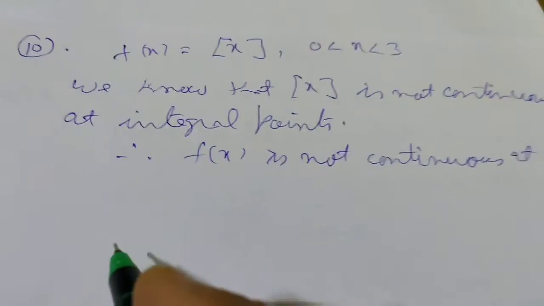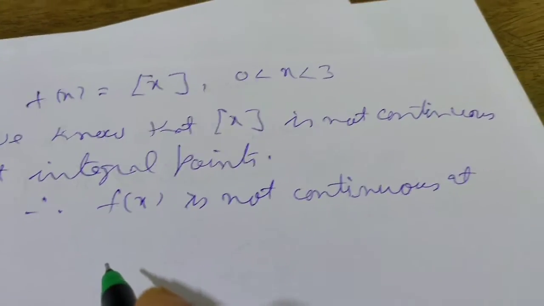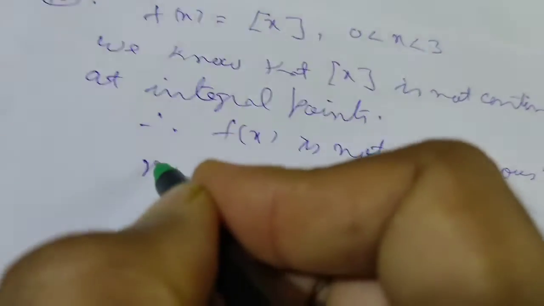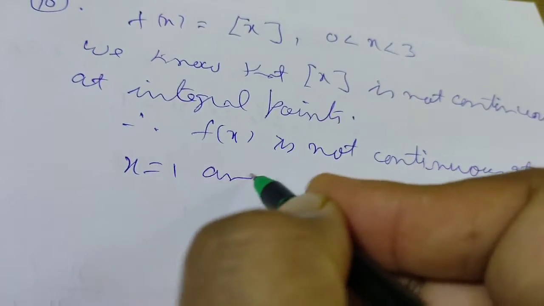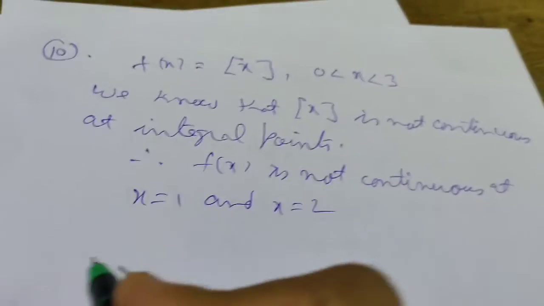They are 1 and 2. So f(x) is not continuous at x = 1 and x = 2.